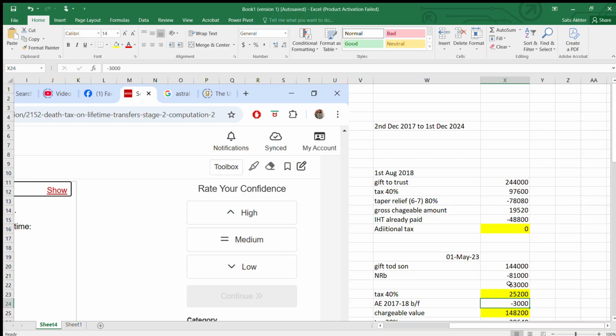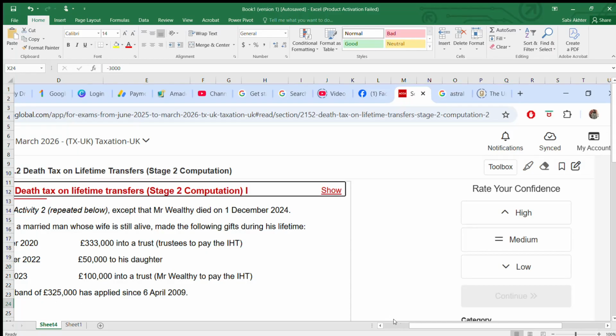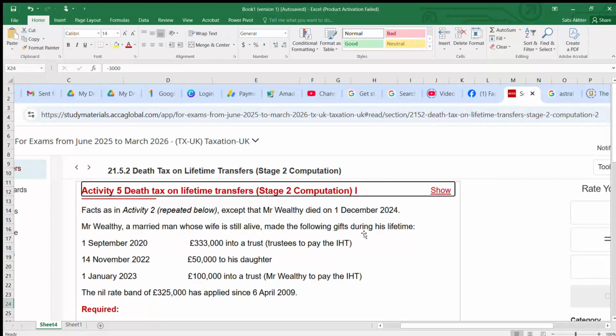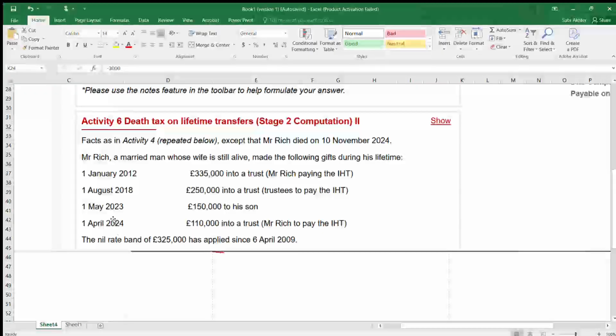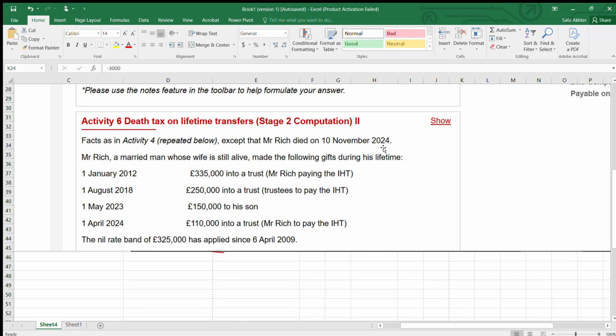So you don't have to deduct any tax that you have paid. And you have to see whether there is any taper relief available or not. In this case, it's from 1st May 2023 to 10 November 2024. It is less than 3 years, so no taper relief.